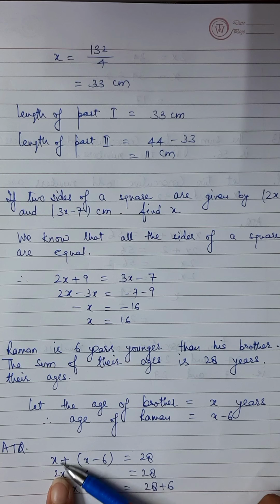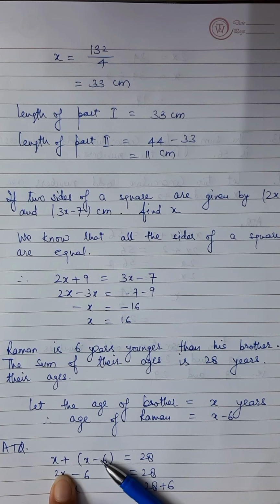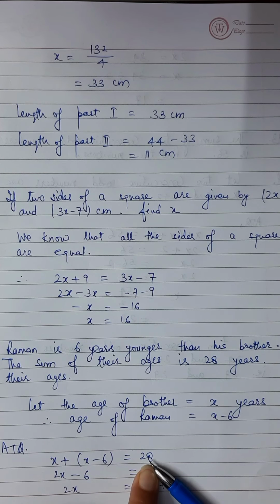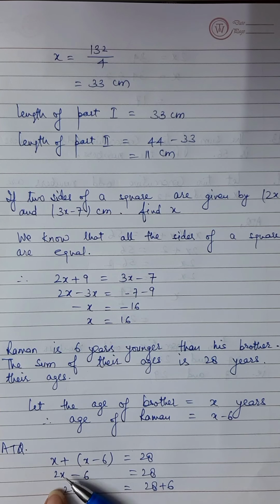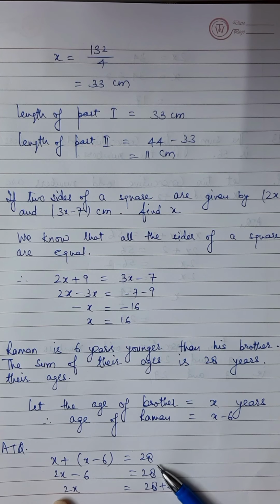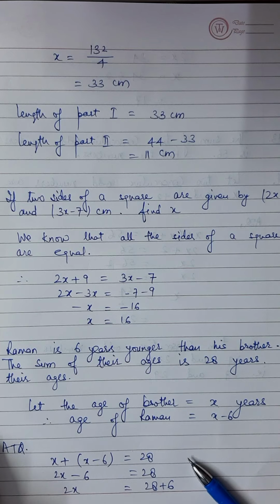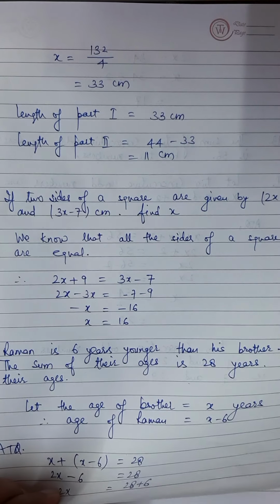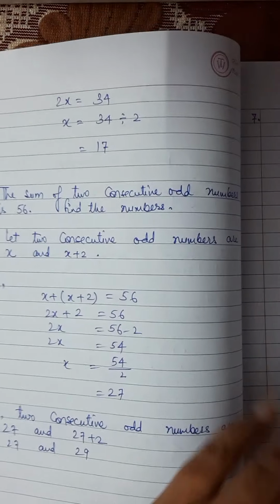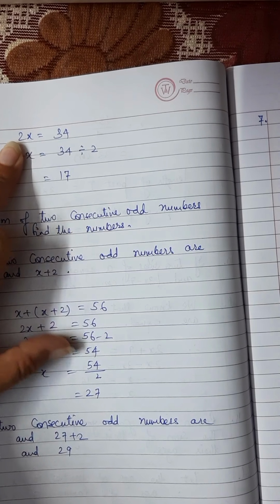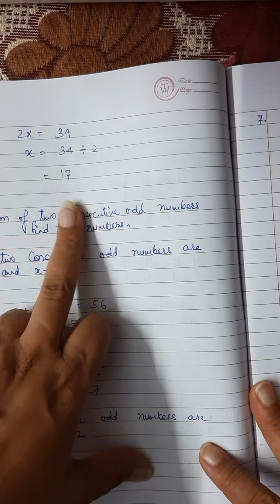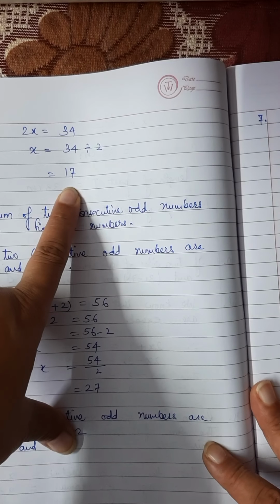Now it is given the sum of the ages, means we have to add the ages. It is equals to 28. So it becomes x plus x, 2x minus 6 is equals to 28. Now taking 6 into the right hand side, we get 2x is equals to 34. Now divide 34 by 2, we get 17. So this is the age of the brother.